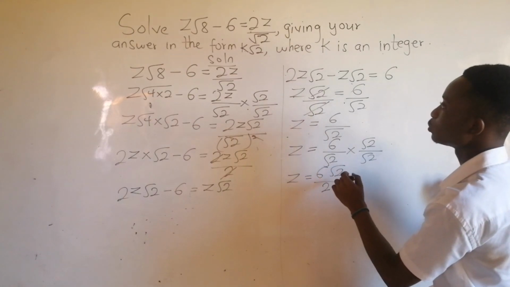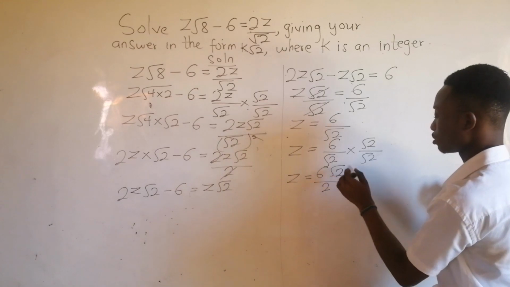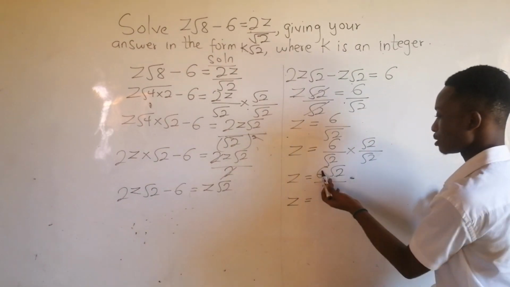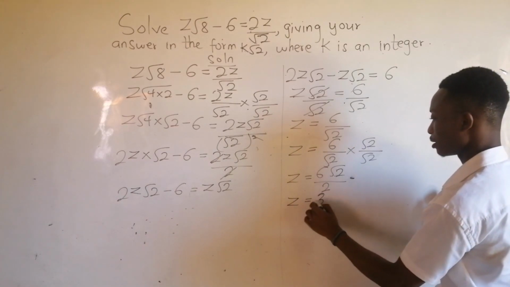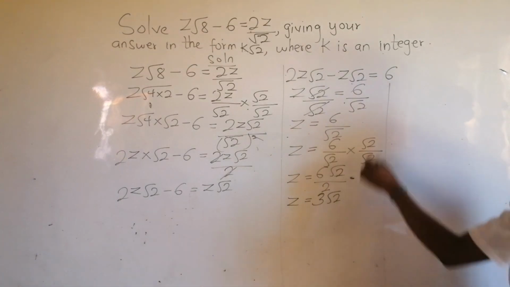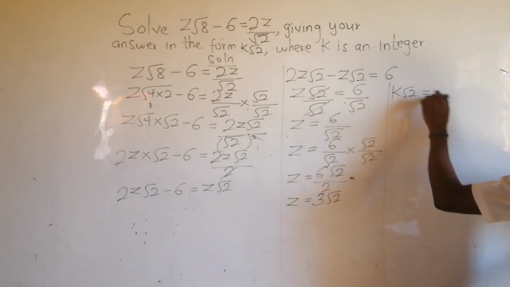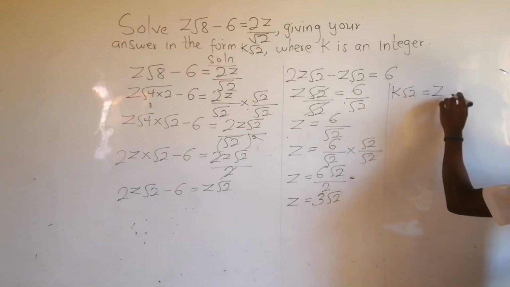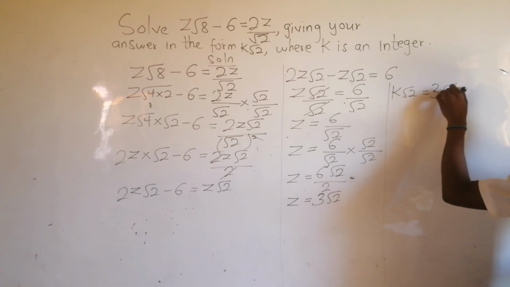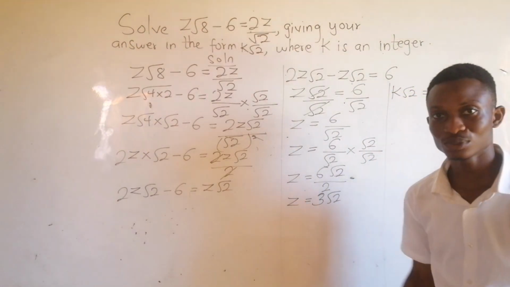Then, what do we have left? This root 2 and now 2. Now z is equal to 6 divided by 2, which is 3 root 2. So therefore, the expression k root 2 is equal to z, so 3 root 2 is your final answer. And then you are good to go.